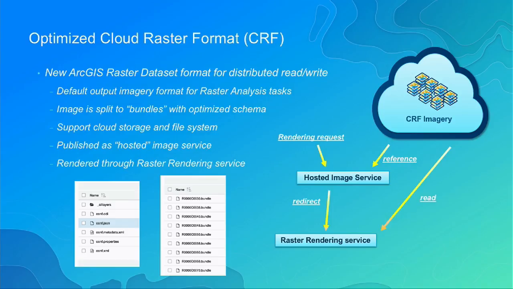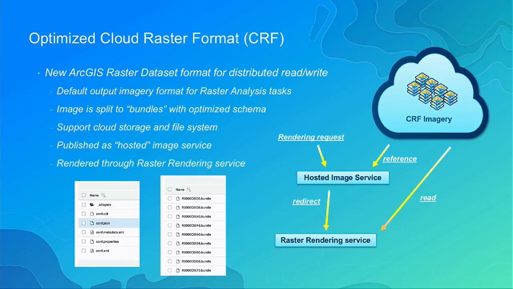But for a hosted image service, there's no dedicated SOC. When your client tries to render a hosted image service, the rendering request comes in, and the hosted image service endpoint takes that request but redirects it to a service called Raster Rendering Service. It is the Raster Rendering Service which makes the request to the data store and reads pixels from it.